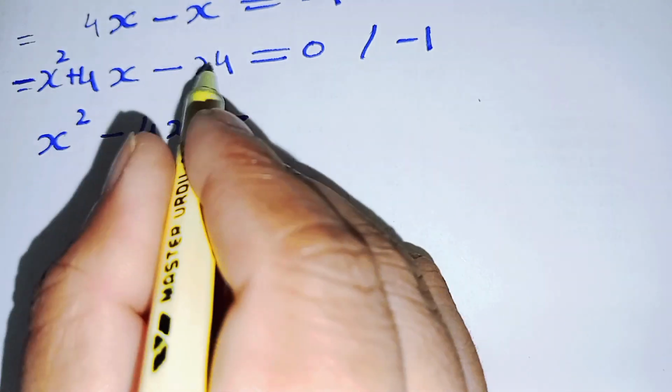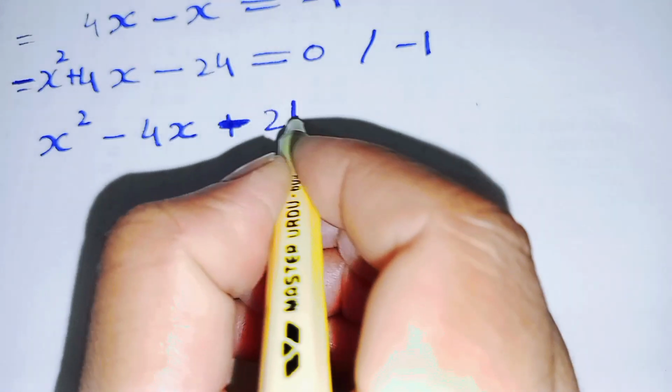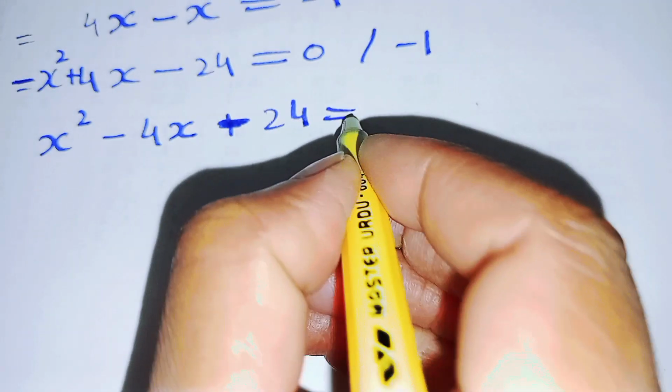So x square minus 4x plus 24 is equal to 0.